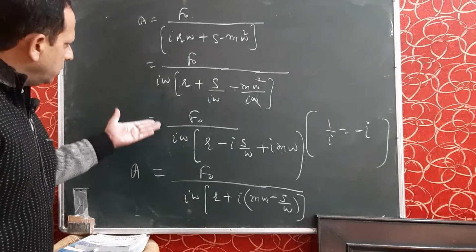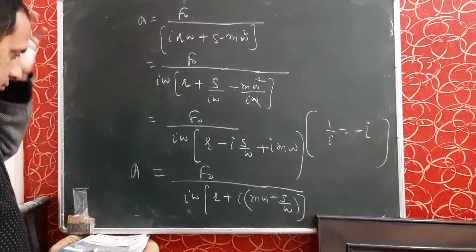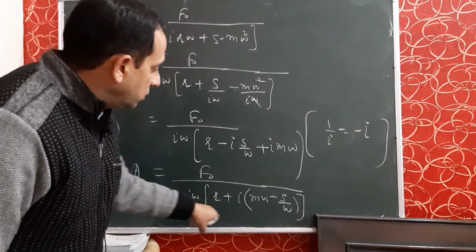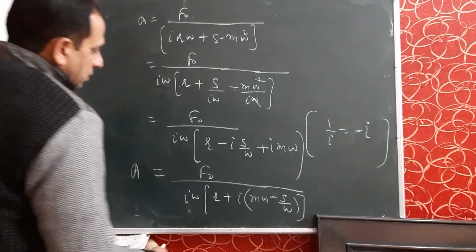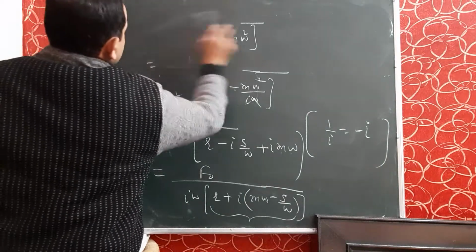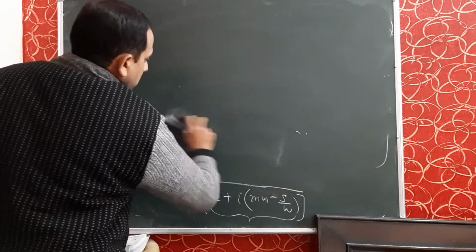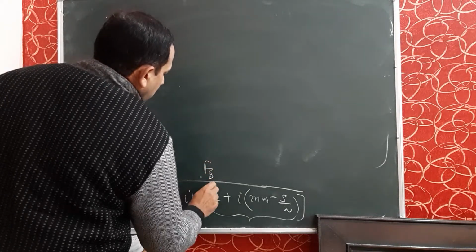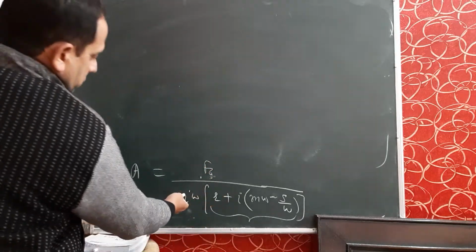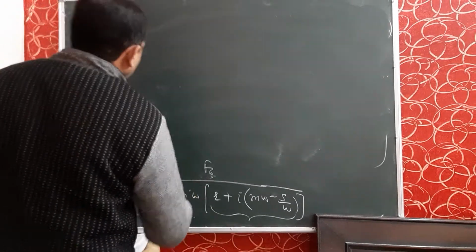By doing this, I have taken iota omega common, and the remaining term within the bracket is nothing but impedance. So, to make it a term like impedance, we have taken the common iota omega from the denominator part.